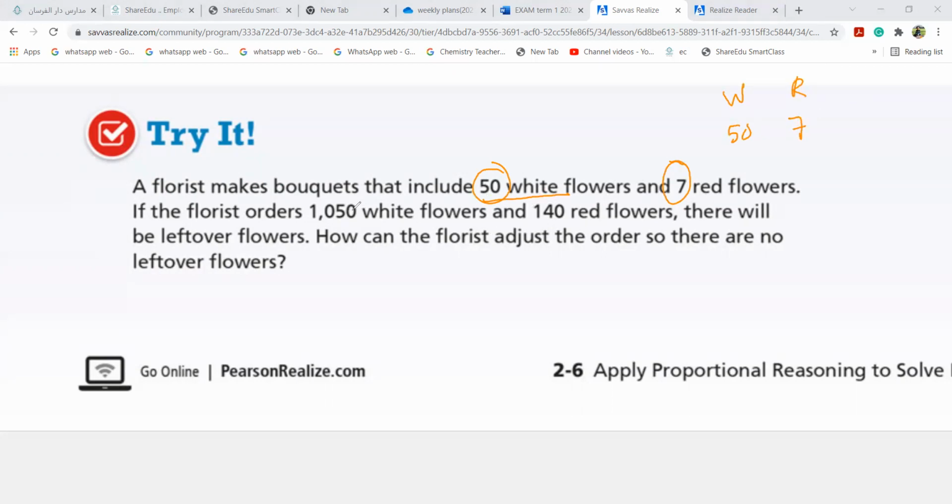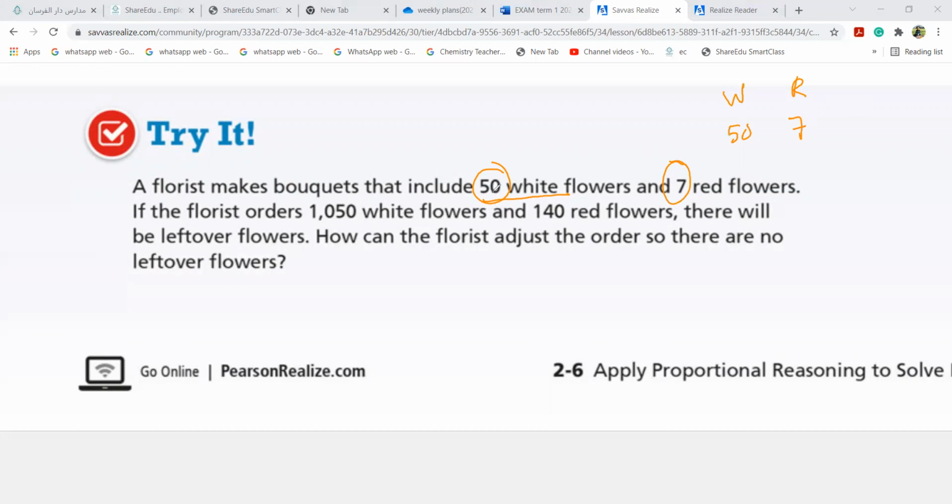Now, if the florist orders 1050 white flowers and 140 red flowers, there will be leftover flowers, right? Because they make bouquets that include 50 white flowers and 7 red flowers.